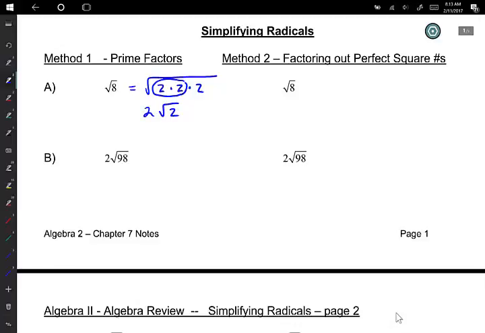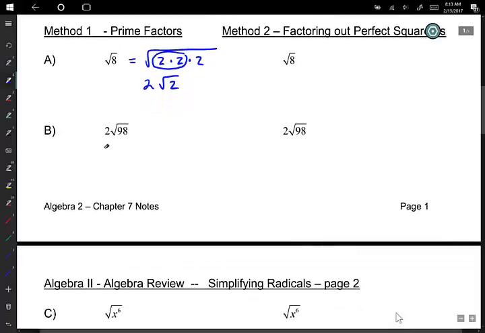If we break down 98 into prime factors, well, 2 times 49 is 98, and 49 is 7 times 7. We take out the pair of 7s, and the pair of 7s comes out as a single 7, and that leaves us an answer of 14 times the square root of 2.